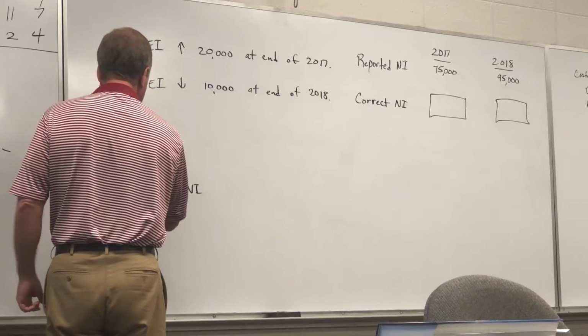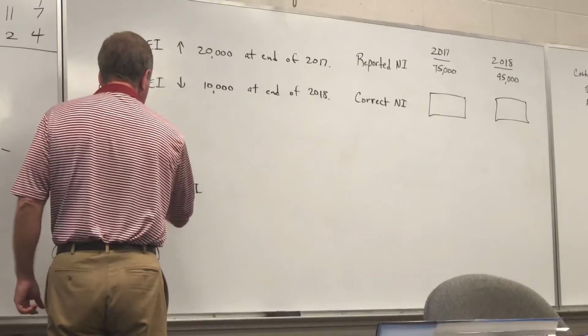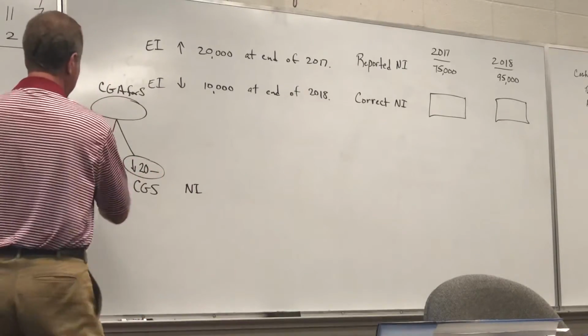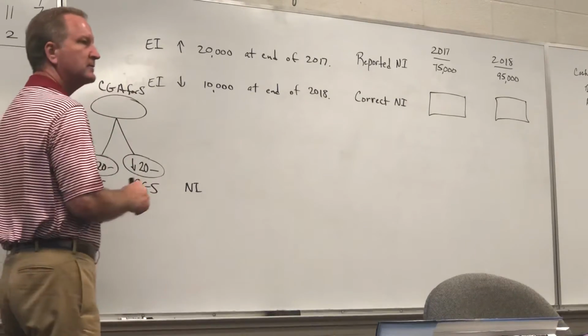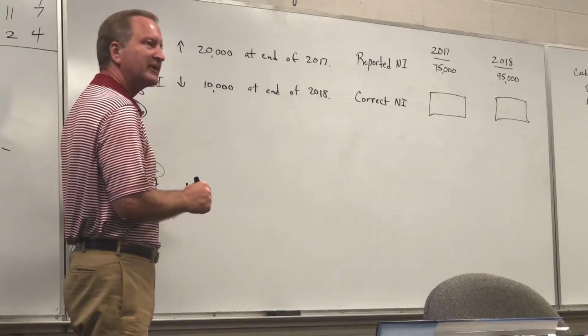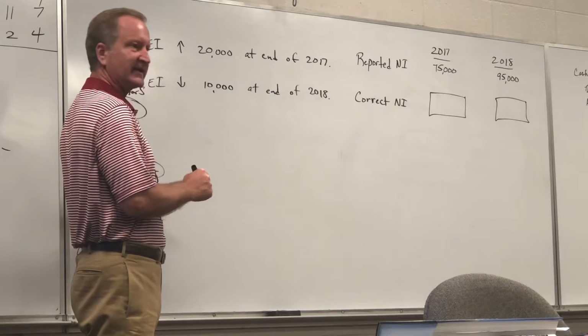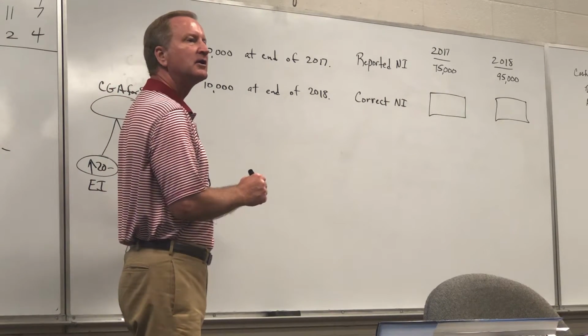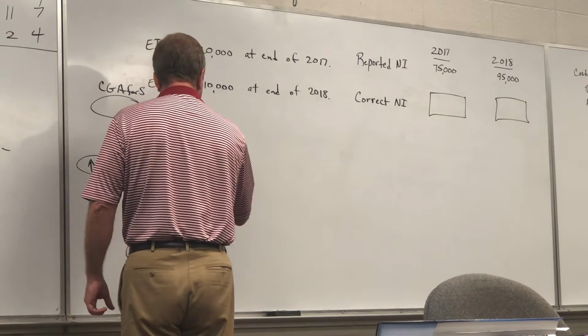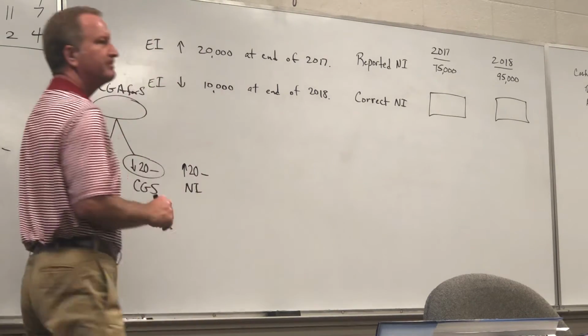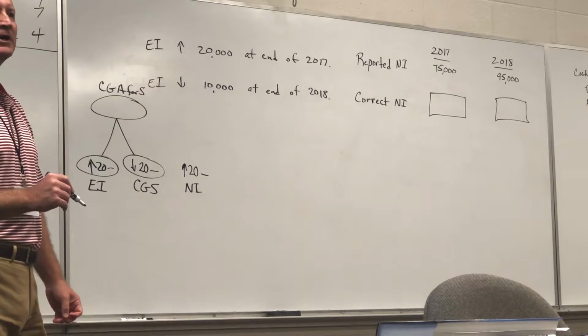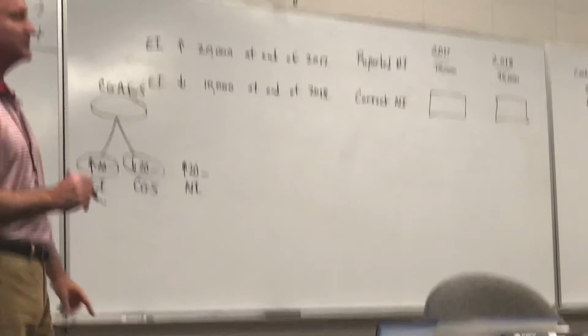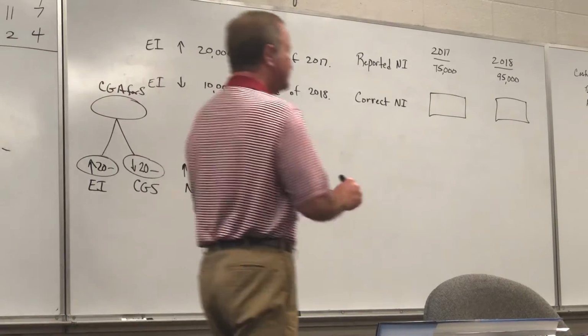By definition, cost of goods sold is understated by 20,000. And if expense on your income statement is understated by 20,000, then net income is overstated by 20,000. So what is the correct income for 17? 55,000.